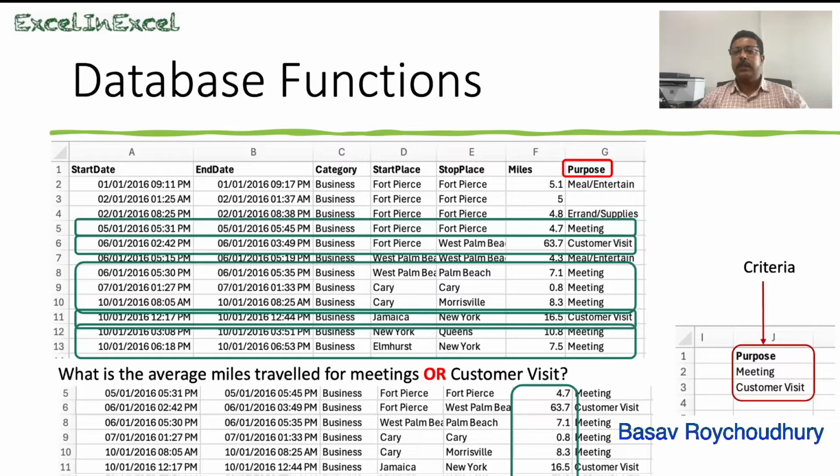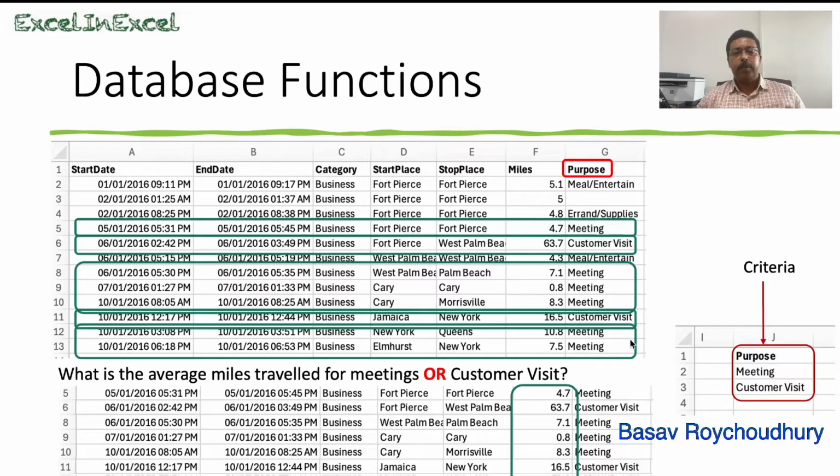Just notice here, what we have done is we have added one more row and put customer visit there. When you write our criteria like this, it basically means that the field purpose should have the value meeting, or the field purpose should have the value customer visit.